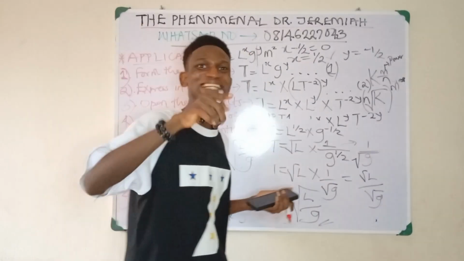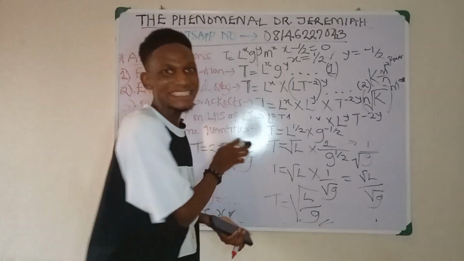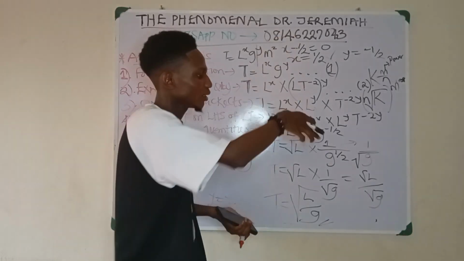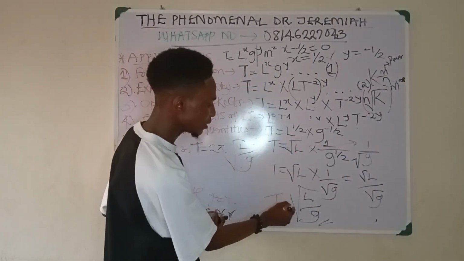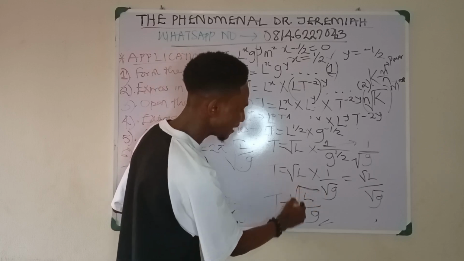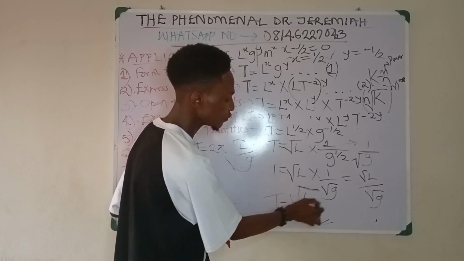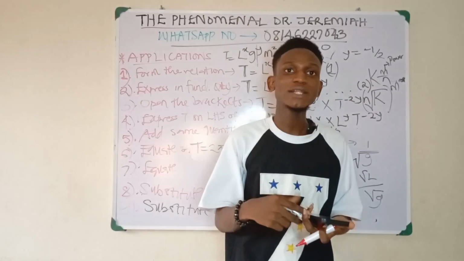That's why even in the question they say period depends on so and so. They didn't mention this guy, but it's in the formula, but not dependent on it. So from this relation that we're given, the exact dependence is period equals square root of l over square root of g, which gives you the big square root of l over g.